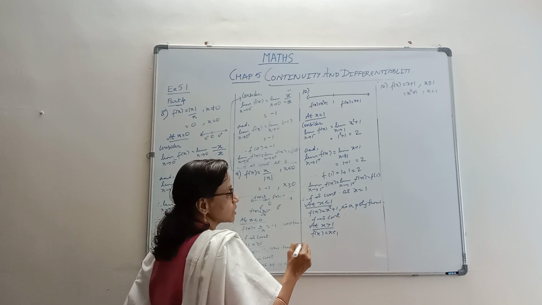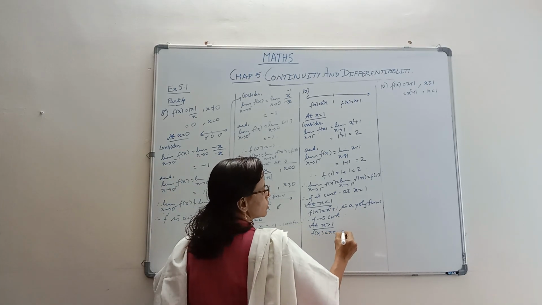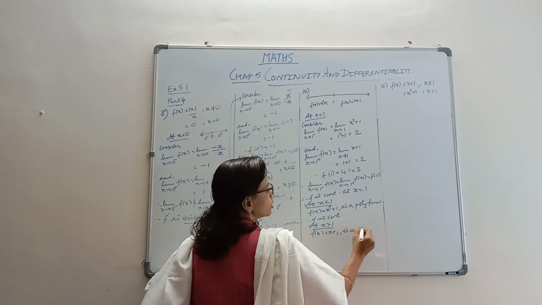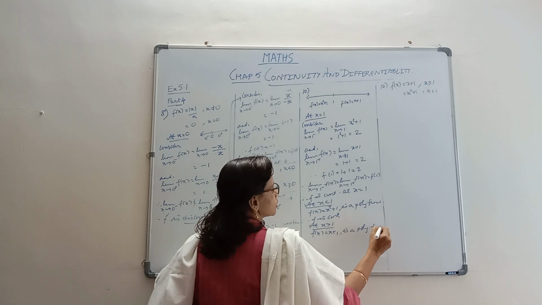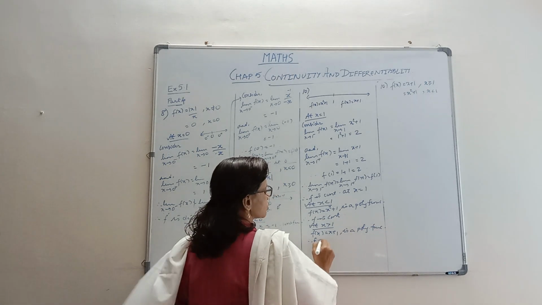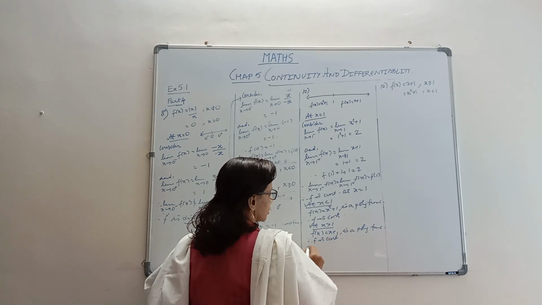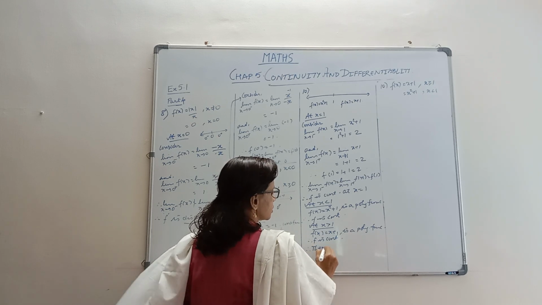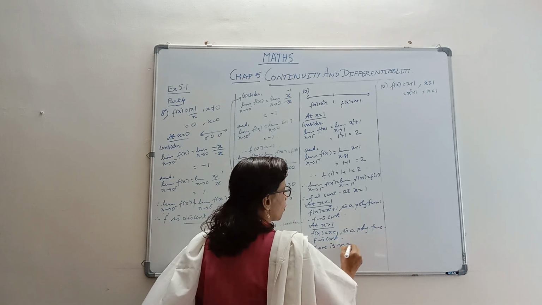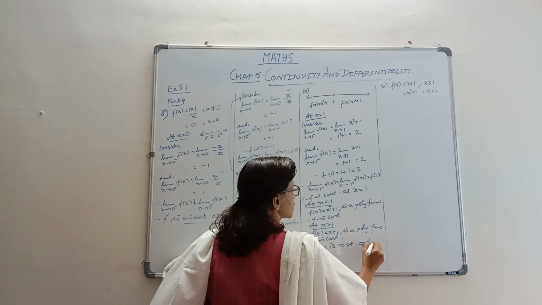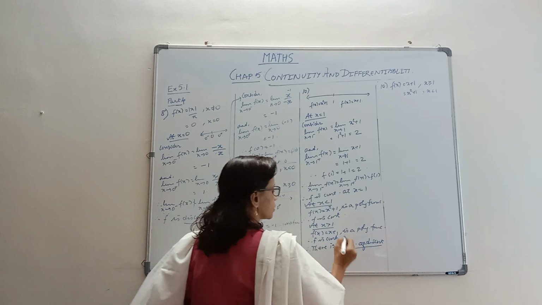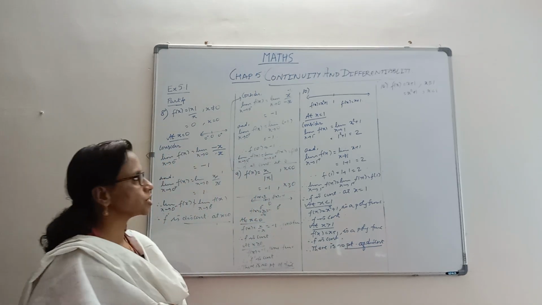That is also a polynomial function, or a linear function actually. So f is continuous. So there is no point of discontinuity. Right? That is how the function is.